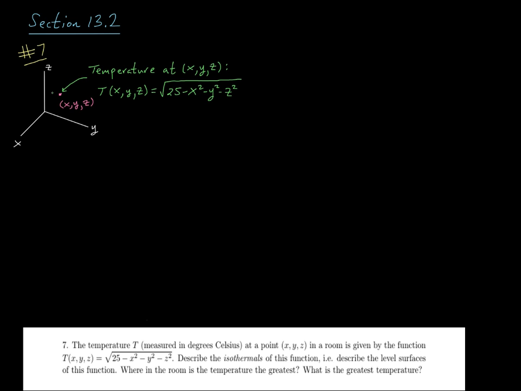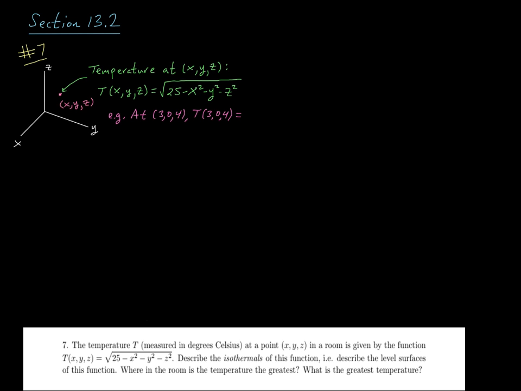So we have a location in space, right? This is some point in our room, and to measure the temperature of that location, well, we're just using our temperature function here, okay? So a little example, just to illustrate, say at the point, let's say (3, 0, 4), okay, the temperature at this location would just be T of (3, 0, 4).